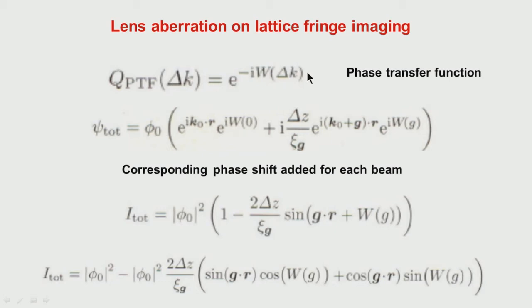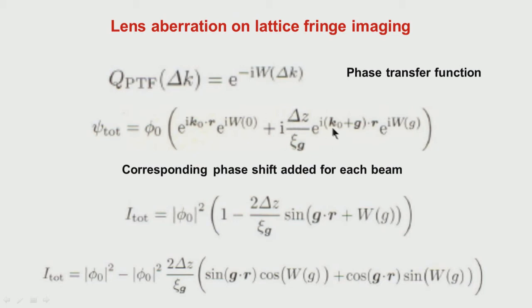Suppose we consider one transmitted beam and a diffracted spot. The transmitted spot is represented by e to the power of i k0 dot r, and e to the power of i W0 becomes the phase shift introduced by the lens for the transmitted spot, which will turn out to be 0.